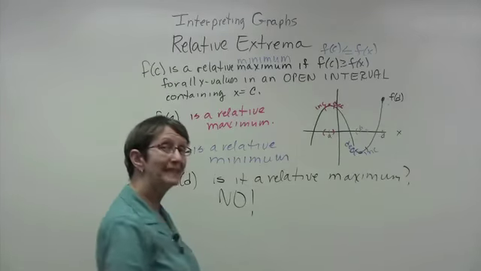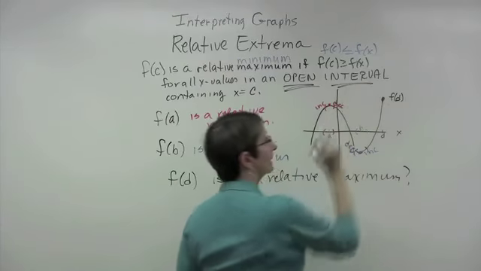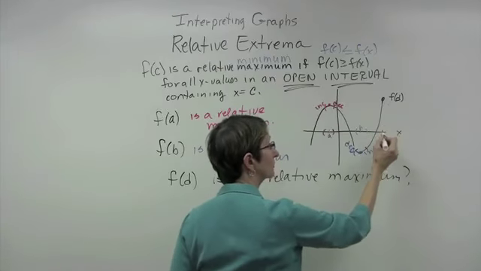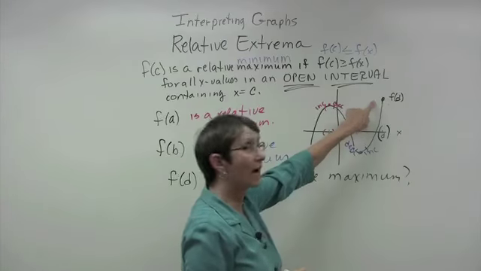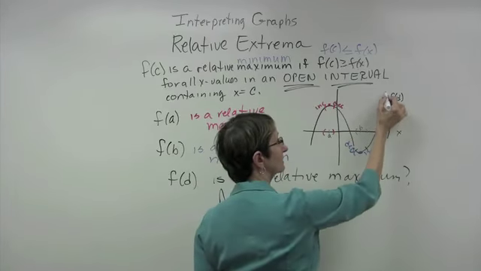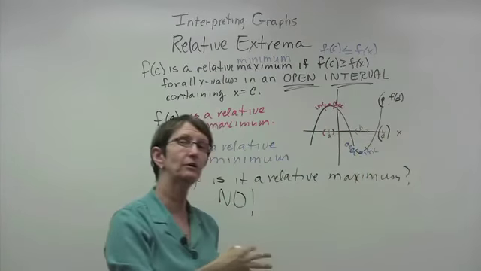Why isn't that a relative maximum? The phrase open interval. When you look up here, we have a relative maximum if we can take an open interval around our D value, and that is the highest point. We can't go around. There's nothing around this. I can't draw a circle around it. It ends there.